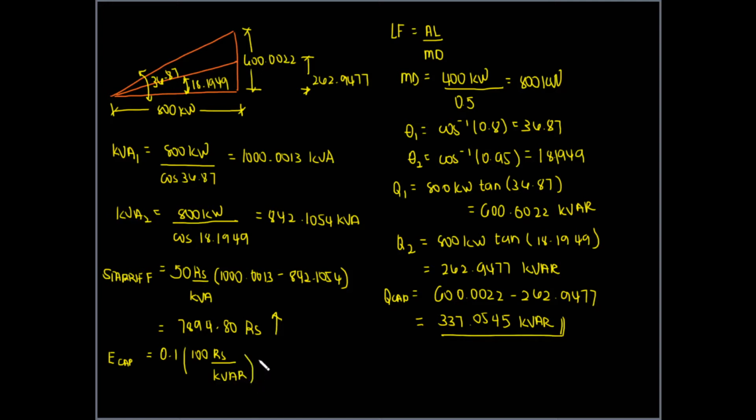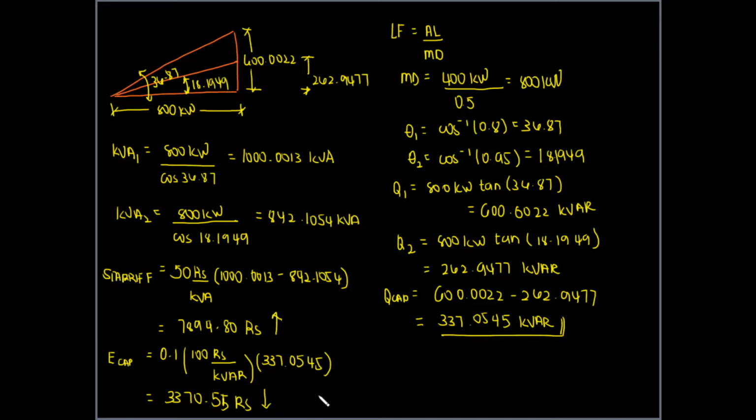And the capacitor has a rating of 337.0545. So how much is this? 10% of 100 is 10 times 337. So this is obviously 3370.55 rupees. And this time, this is an expense.